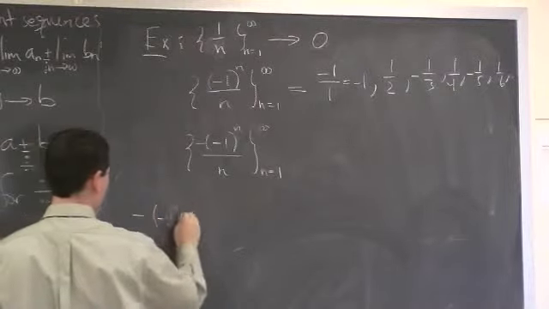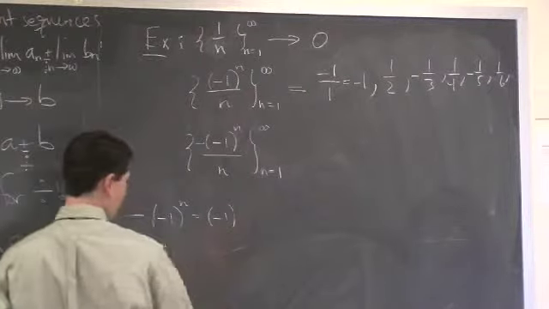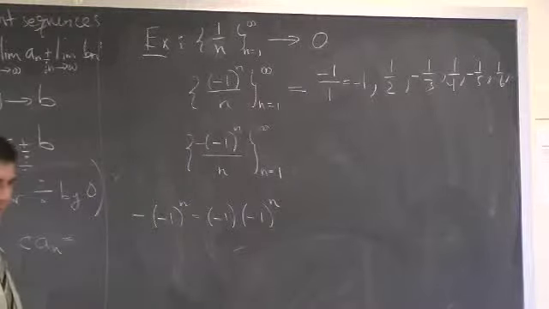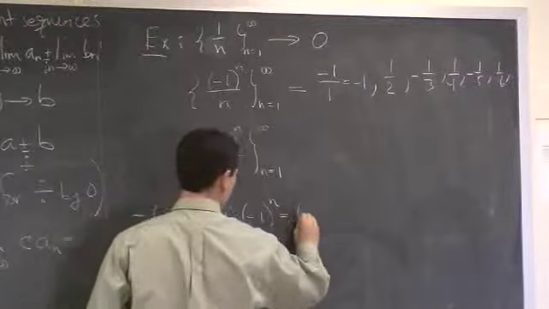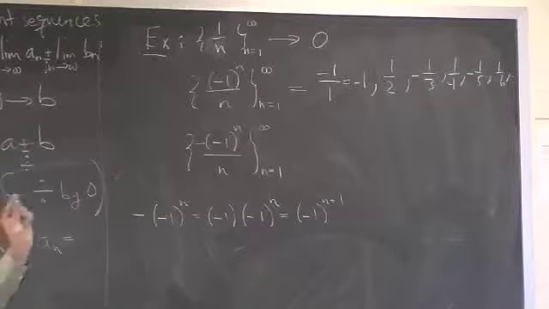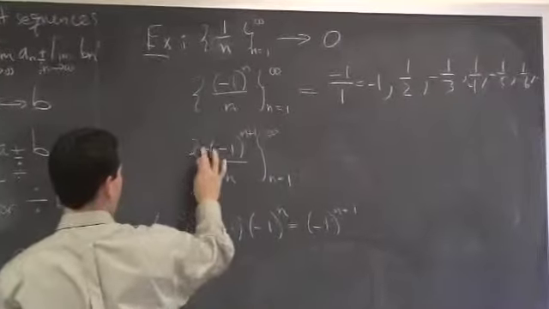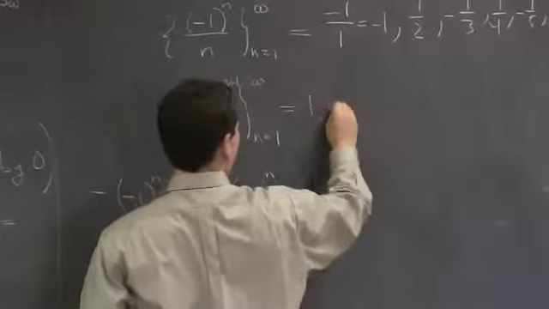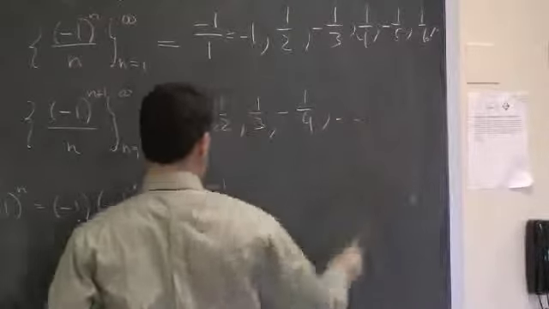Minus 1 to the n is the same as minus 1 times minus 1 to the n, which is minus 1 to the n plus 1. Okay, we just shift everything over by 1. So that's going to be the nice way to do it. So this one would be 1 minus a half plus a third minus a fourth, and so on.